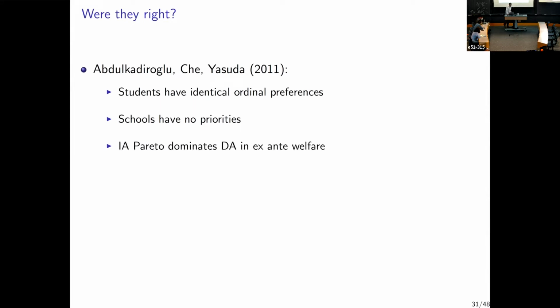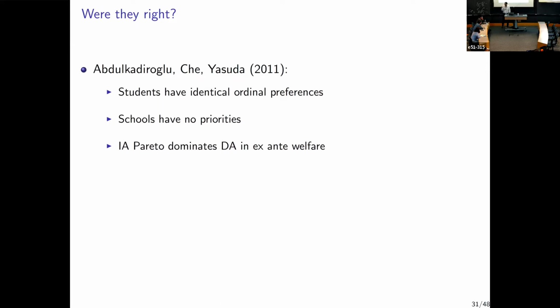So what they find is that, in fact, immediate acceptance Pareto dominates DA from an ex ante welfare perspective. And why is that? This is because it's starting to use cardinal preferences, right?